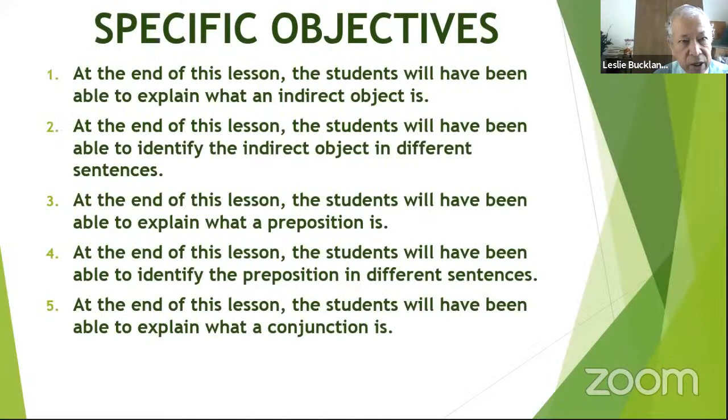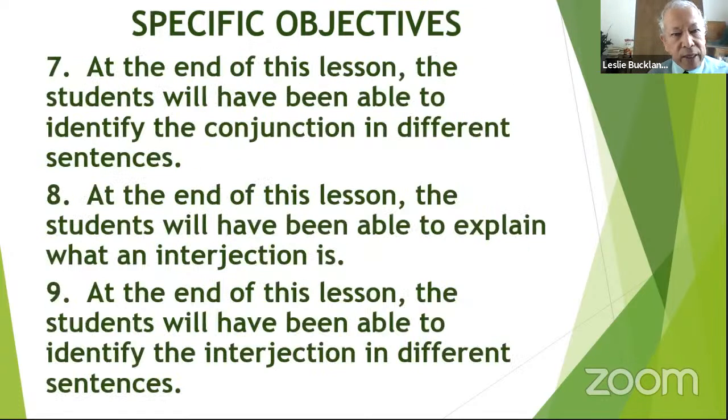At the end of this lesson, the students will have been able to explain what an indirect object is, and identify the indirect object in different sentences; explain what a preposition is, and identify the preposition in different sentences; explain what a conjunction is, and identify the conjunction in different sentences; and explain what an interjection is, and identify the interjection in different sentences.